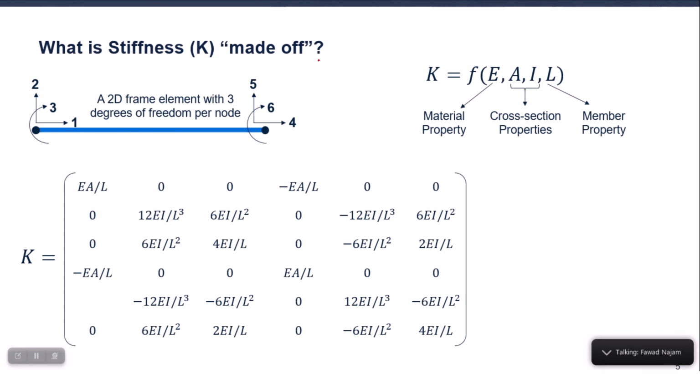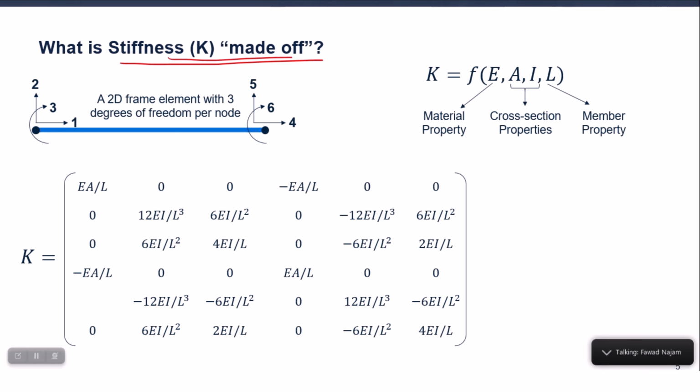Stiffness matrix. If you have like 10,000 elements in a real structure, the program will construct the local K matrix, or a small stiffness matrix, for each of the 10,000 elements, and then assemble them based on how the real structure is constructed to make a global K matrix of the order degree of freedom by degree of freedom.